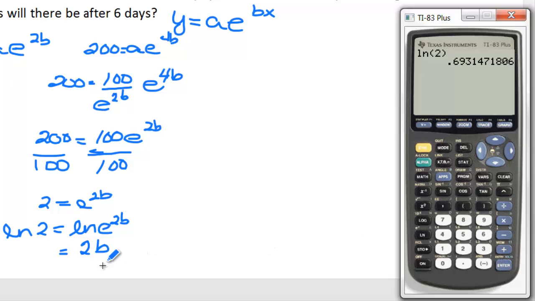And so if I divide by 2, b becomes 0.347.